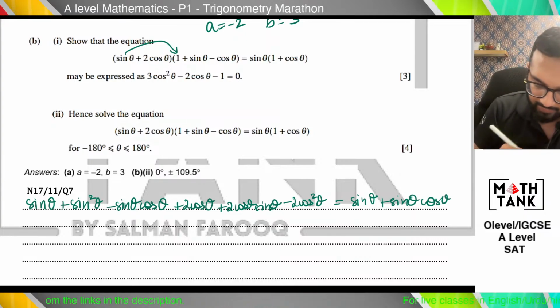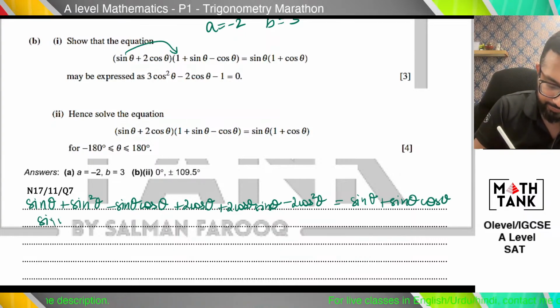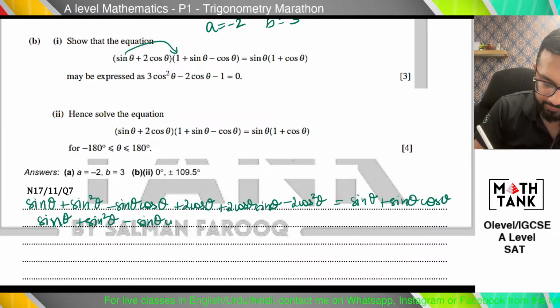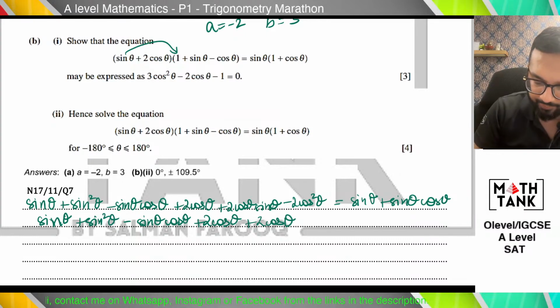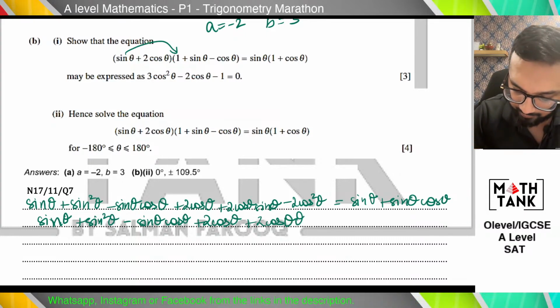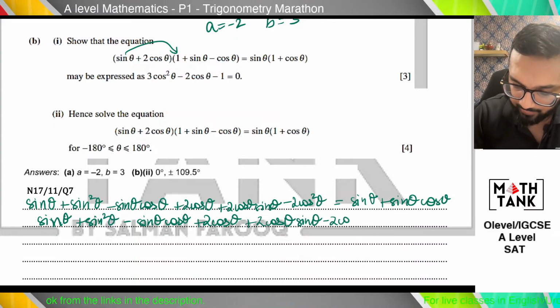Bring everything to one side, so I get sine theta plus sine square theta minus sine theta cos theta plus 2 cos theta plus 2 cos theta sine theta minus 2 cos square theta minus sine theta minus sine theta cos theta.